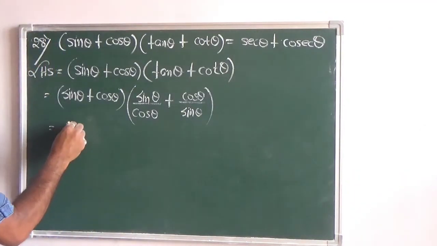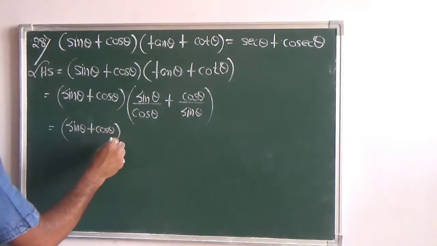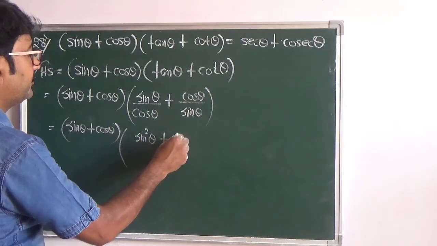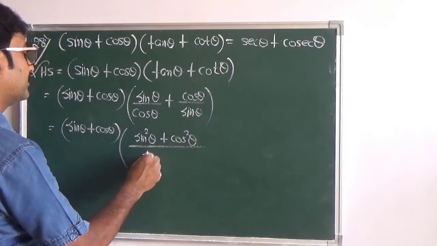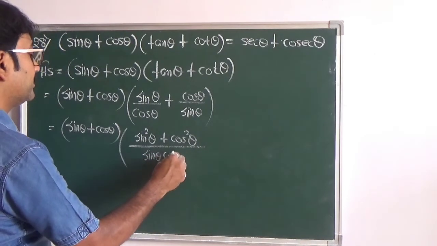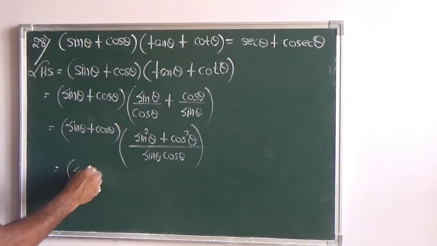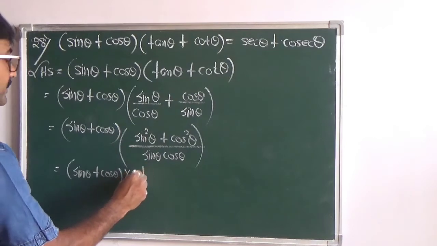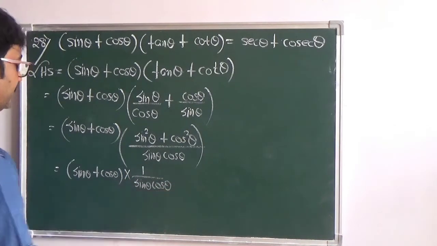If you take the LCM, this becomes sin square theta plus cos square theta by sin theta into cos theta. So this is sin theta plus cos theta, and this is 1. So it is 1 by sin theta into cos theta.